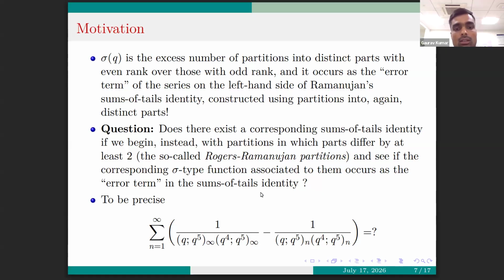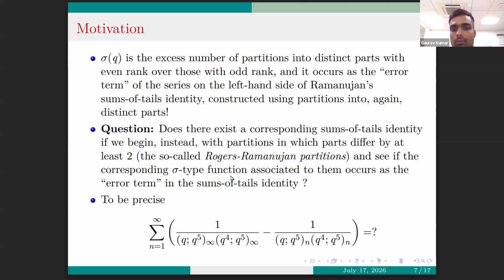Now the question that we saw is, is there a corresponding sums of tails identity related to Rogers Ramanujan partitions? Because sigma q was associated with distinct parts, or we can reframe it as partitions into parts where parts differ by at least 1.